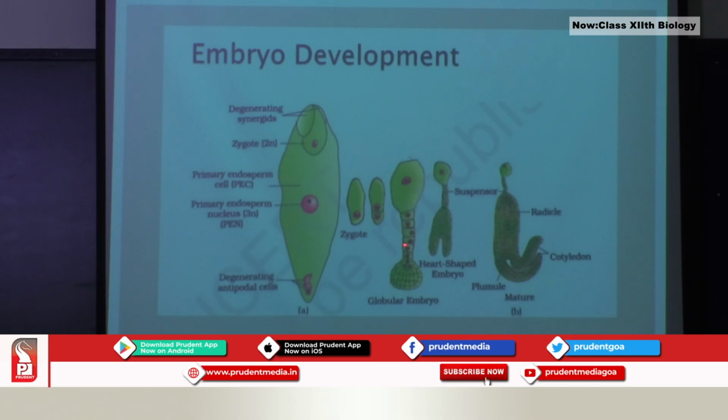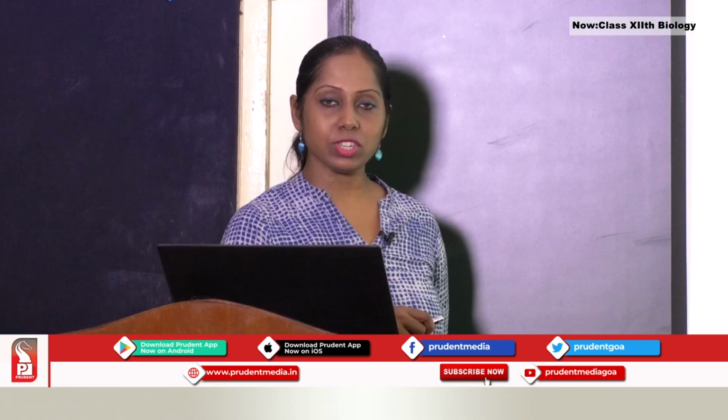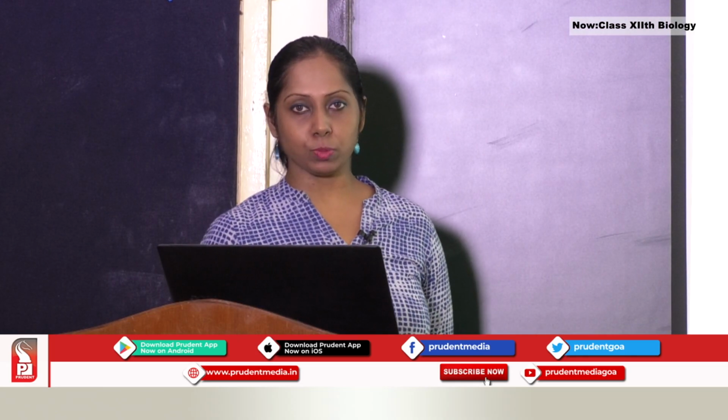But you require something that will push the embryo into the nutritive tissue or the nourishing tissue, and that is going to be done with the help of your suspensor. So the suspensor grows, and as it grows, it pushes the embryo, which is at the moment globular, it becomes heart-shaped and then it becomes the horseshoe-shaped. And how does it change? Because it is growing, and it is growing because it is getting nourishment from this region, which is already now the endosperm tissue.